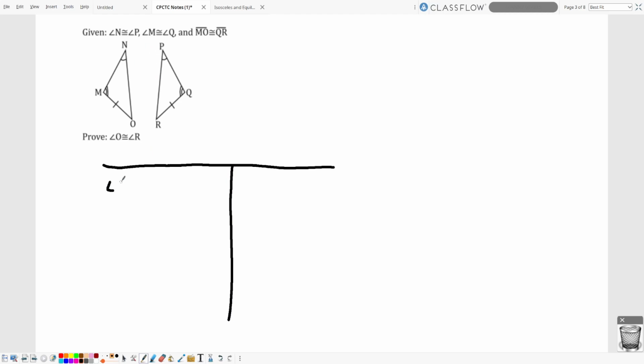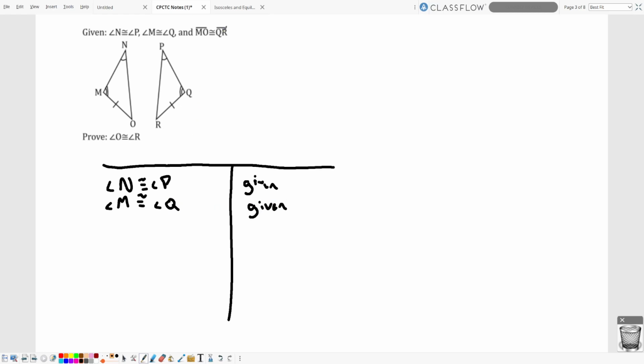So we know that angle N is congruent to angle P. That is a given. We also have that angle M is congruent to angle Q, which is also given.